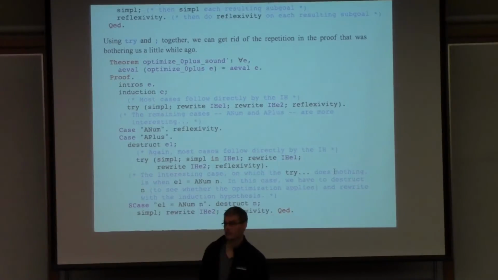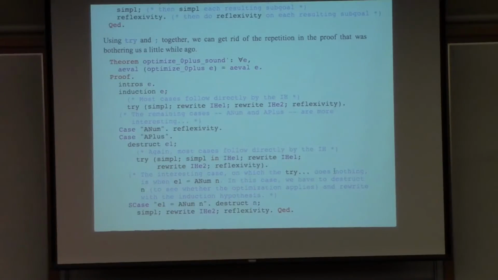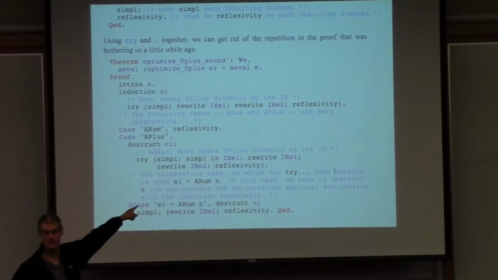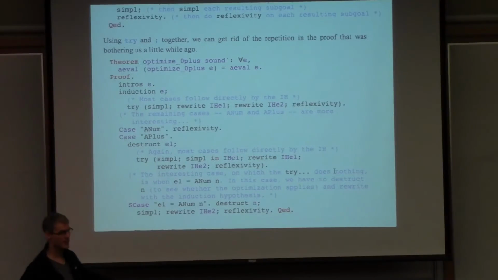First, in the case of A plus, you use the simplification in the hypothesis 1, but somehow you knew the proof beforehand instead of doing this because you knew you have to make it. Yeah, so how did I arrive at this proof? I wrote the explicit one first, and then I crunched it down.